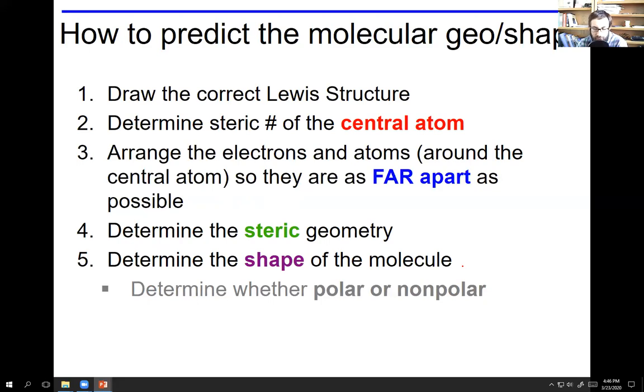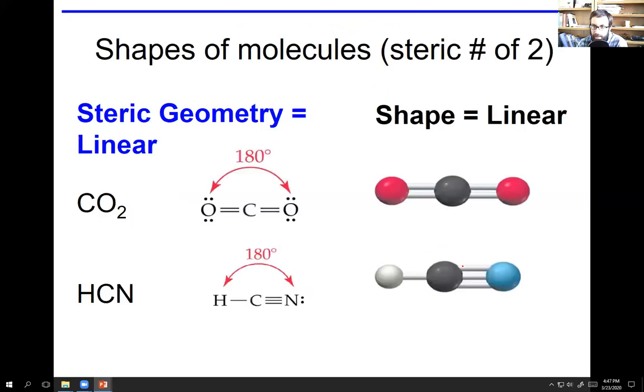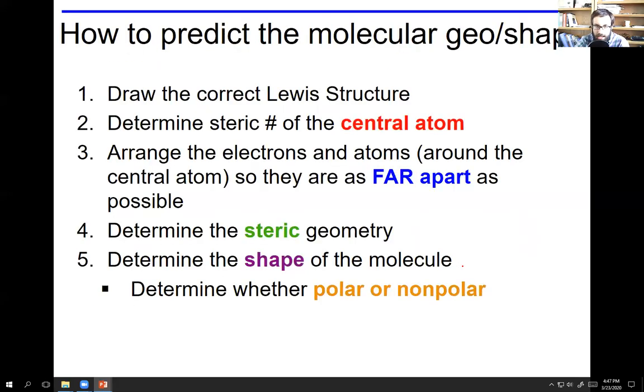I'll tell you the difference between those later on. And the question might ask you whether or not the molecule is polar, meaning it has a permanent dipole, a minus end and a positive end, or if it's nonpolar. So let's end this video here, and we'll keep going in the next video.